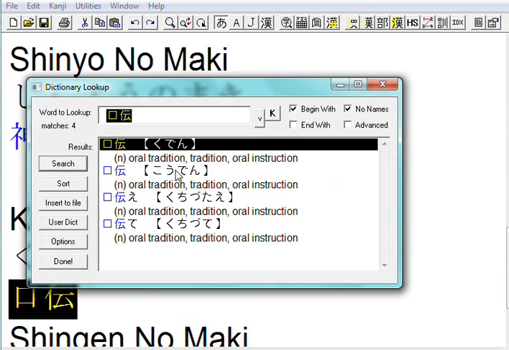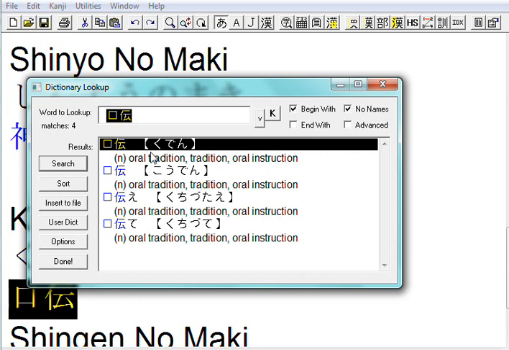Okay. So these are, and it has all kinds of kuden, koden. So it could be pronounced koden, or a different way there, but basically kuden or koden.